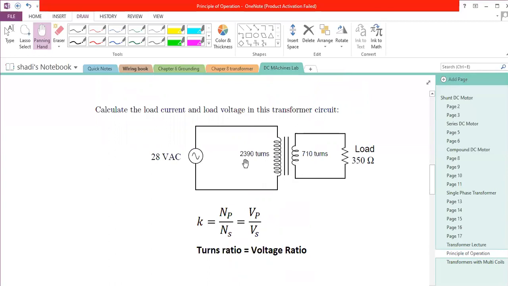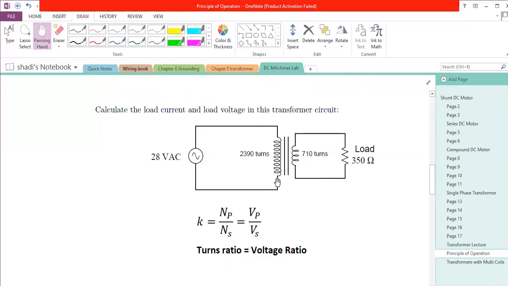Now, you can see here the number of turns. The number of turns is very important in the transformer to understand its operation. You can see at the primary we have 2,390 turns, whereas the secondary has 710. So we can conclude that this transformer works as a step-down transformer, because the number of turns at the secondary is less than the number of turns at the primary.